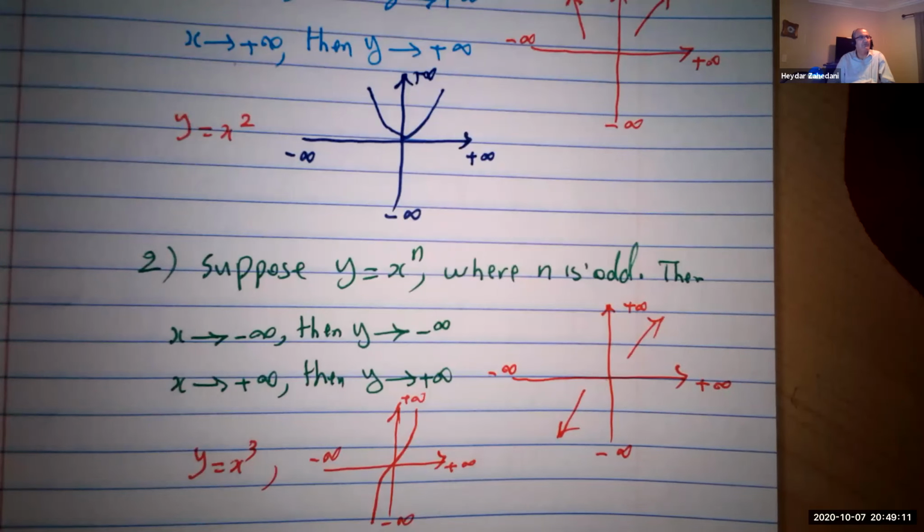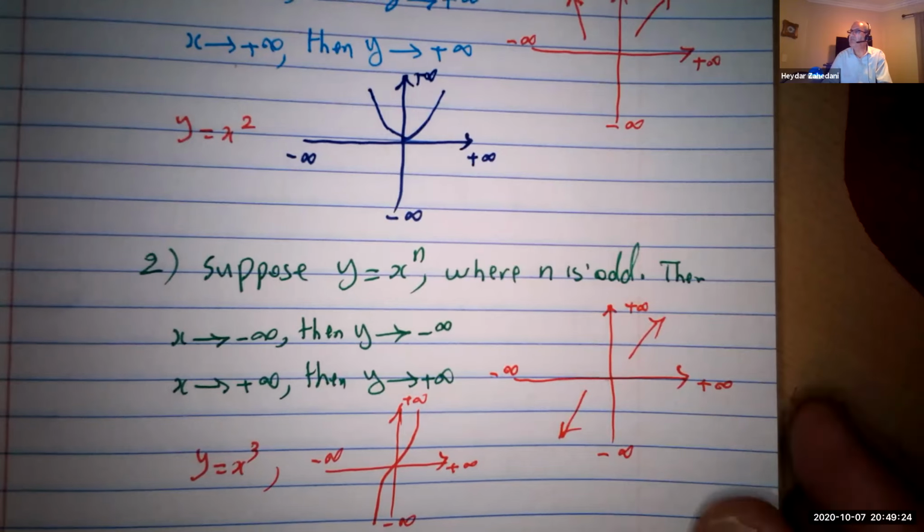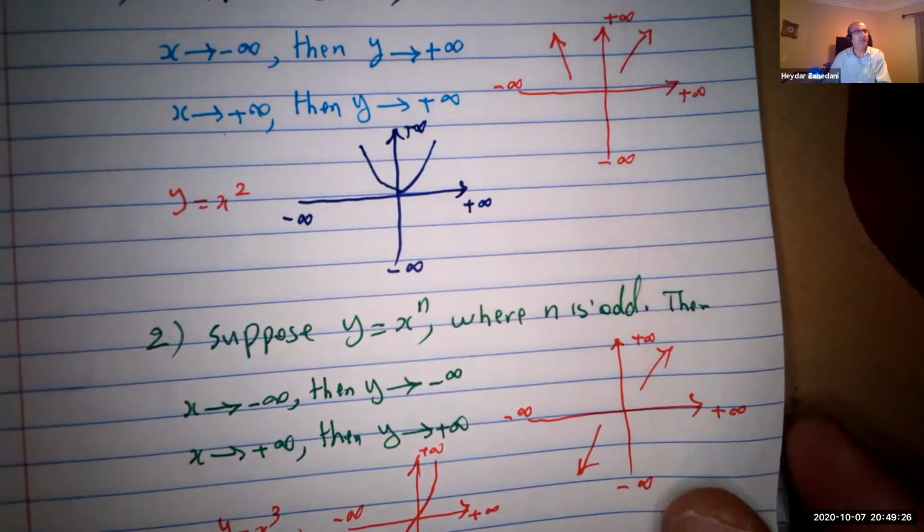I just focus on the leading term. Then I check the end behaviors. Great theorem. Use it in computer science. They don't like the limits, those types of ideas, but they use this type of idea here. So I put them together. We give you the theorem that will take care of the end behavior of the polynomial, and then we are done. Such a useful one if you want to use it in calculus.